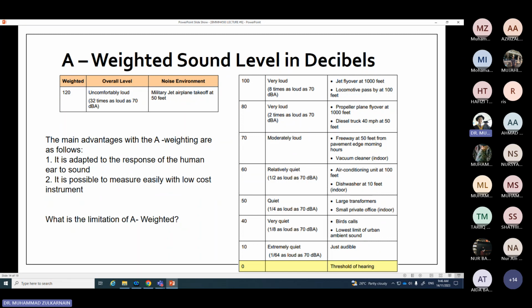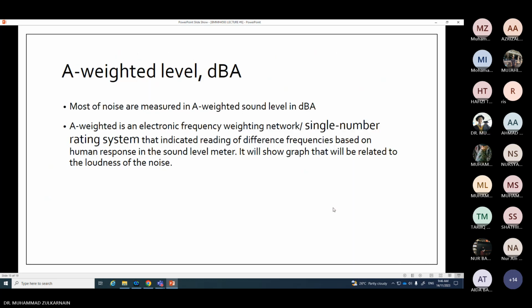It is possible to measure easily with low-cost instruments. Why do we need to measure the A-weighted level? Most noise is measured as A-weighted sound level in dBA. So whatever noise is related to human comfort, we can measure in dBA.